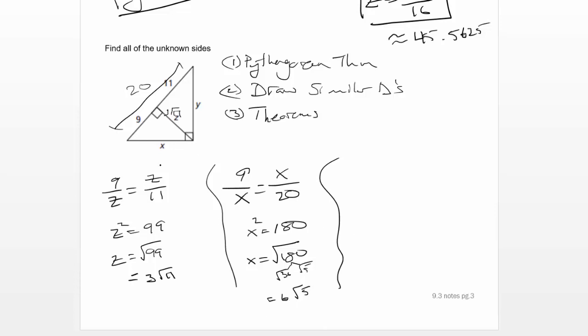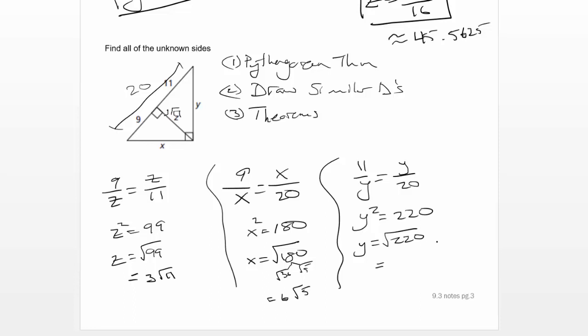And lastly, you could apply the same line of thinking to finding y, because y is also a leg of this big right triangle. You know the part that's adjacent to it, 11, and you know the length of the entire hypotenuse, which is 20. So in a similar fashion, I could do 11 compared to y, the same as y compared to 20. y squared is equal to 11 times 20, which is 220. Or y is the square root of 220.